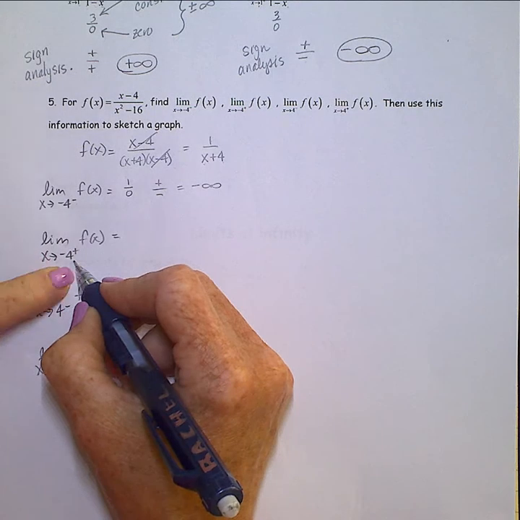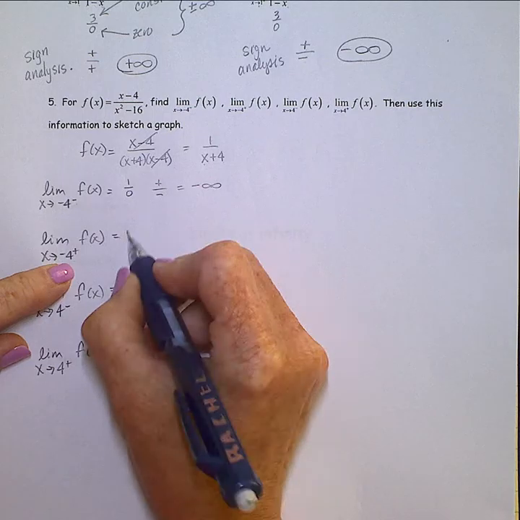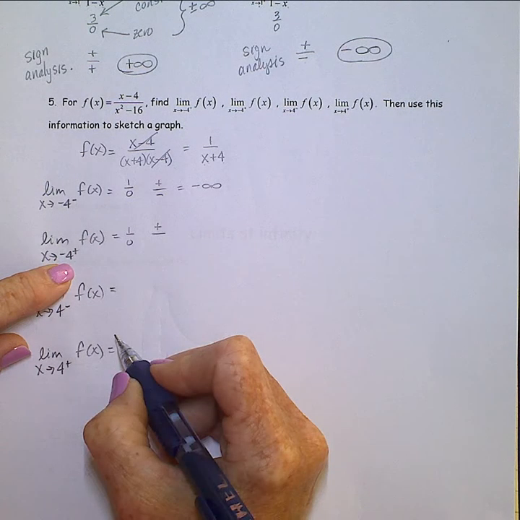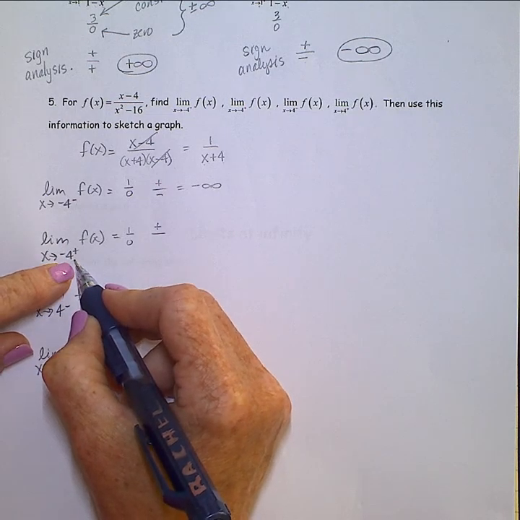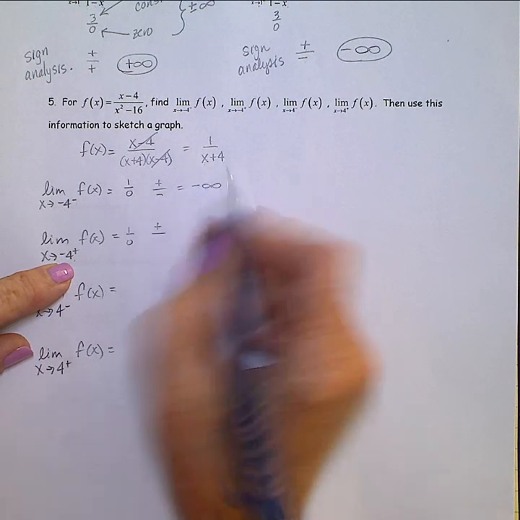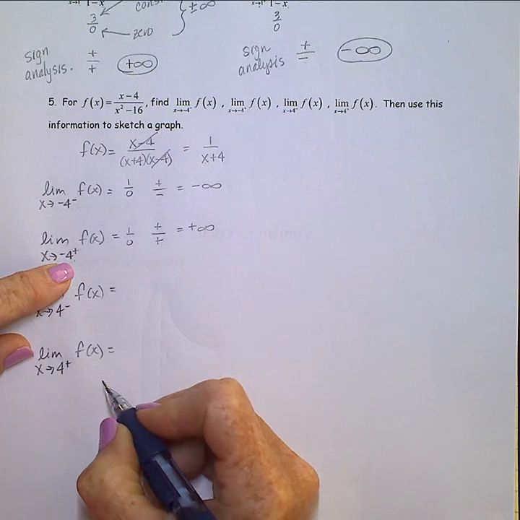Put in a negative 4 from the right. Same thing, you're still going to get that 1 over 0 situation, so do a sign analysis this time. Negative 4 from the right is like negative 3.99999. So negative 3.99999 plus a 4, positive. So this is positive infinity.